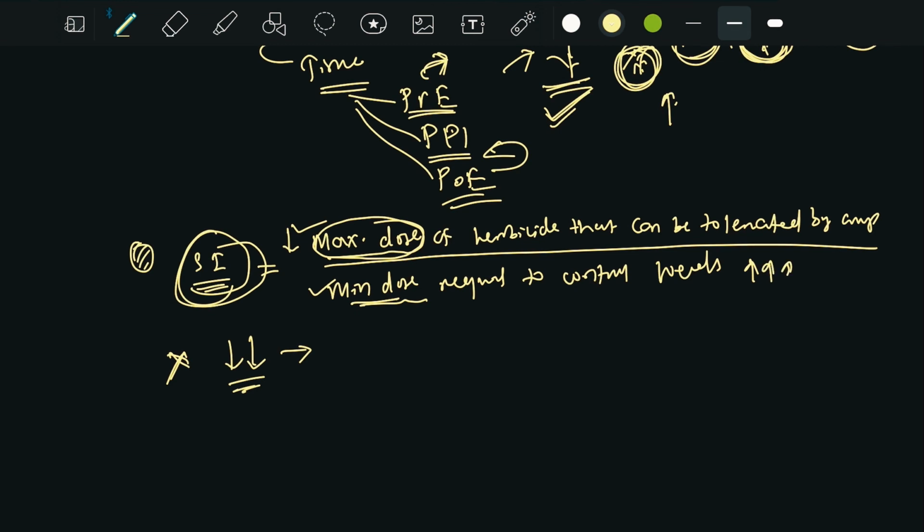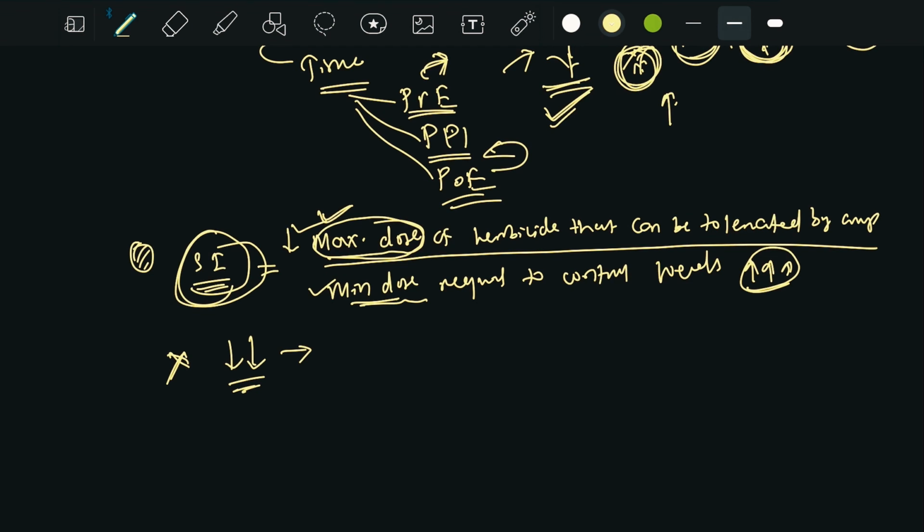In both these cases, it is not desirable, because if the maximum dose that can be tolerated by the crop is lower, then there will be a phytotoxic effect on the crop. And if the minimum dose required to control the weed is higher, then more herbicide is required. That means the potency and efficiency of the herbicide will be lower.